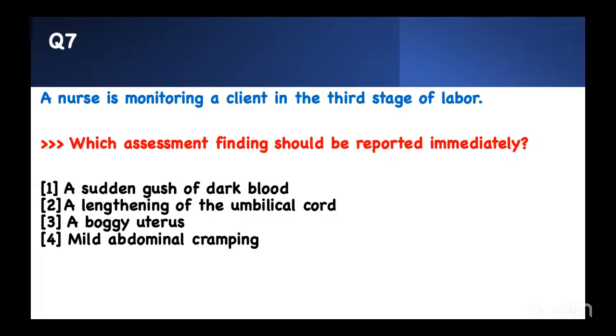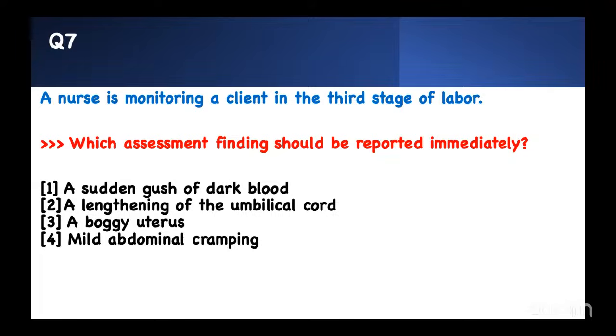What is going to happen? You're going to see a sudden gush of dark blood. That is a trap. NCLEX will trap you with that. It's not bleeding. A placenta cannot be delivered without a sudden gush of dark blood. That is an expected finding during stage 3.